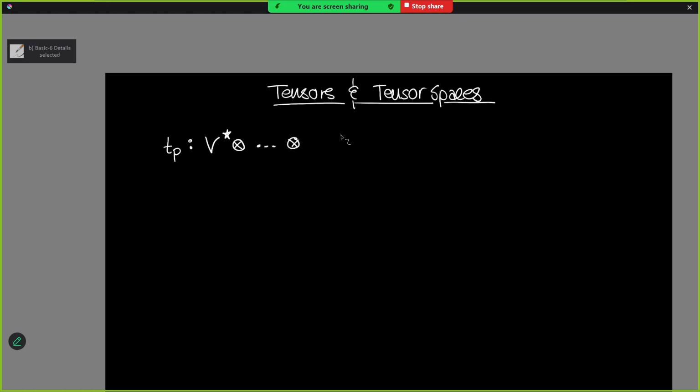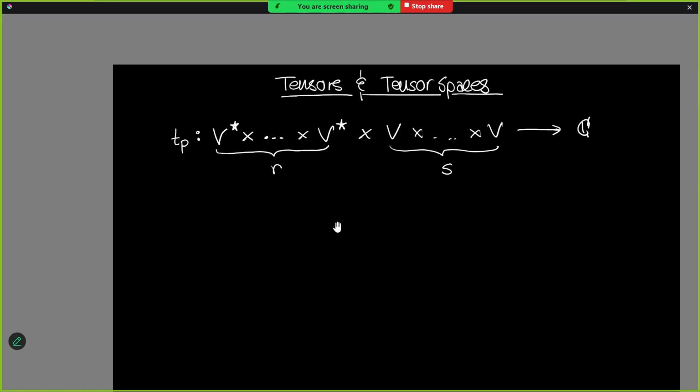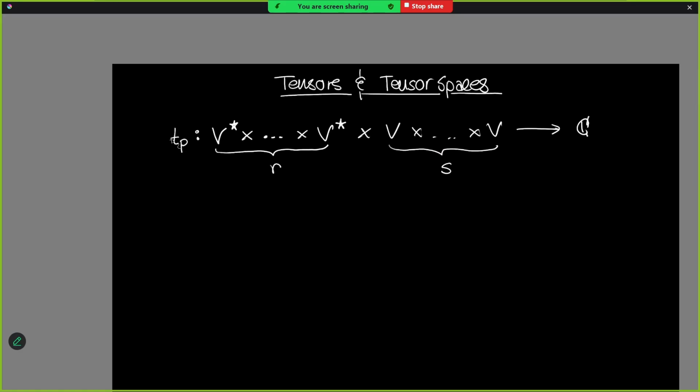We have this Cartesian product, sorry. So V star times V times dot dot dot times V goes to C. In our case it's C, because we're doing our geometry on complex spaces. So there should be r of these and s of these, and in general, let's say that this is just a general tensor T. A general tensor T is something called a multilinear map.